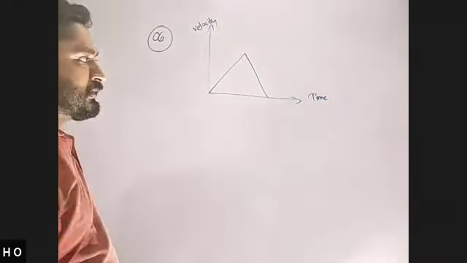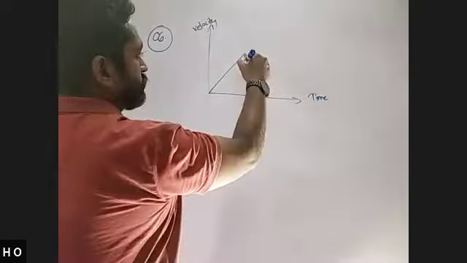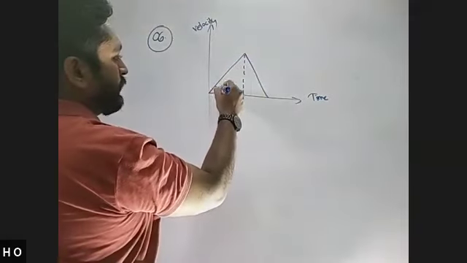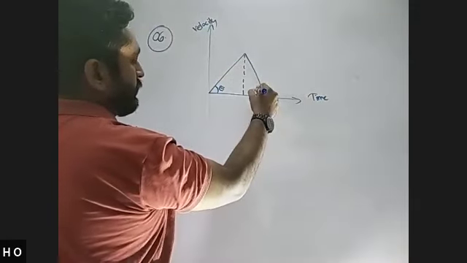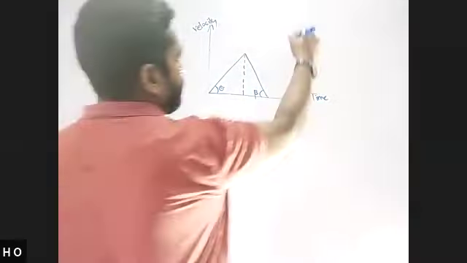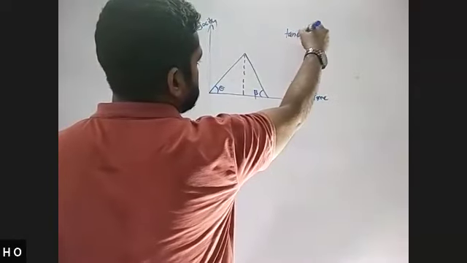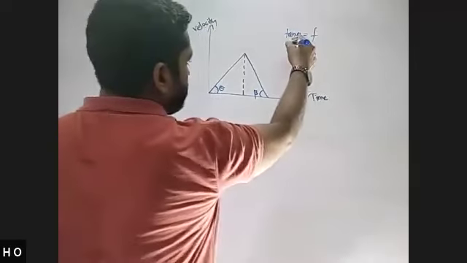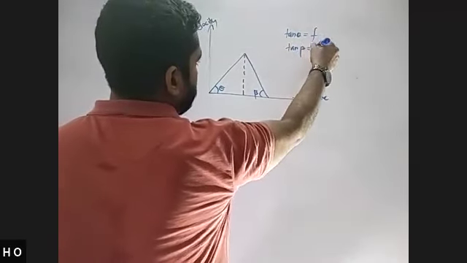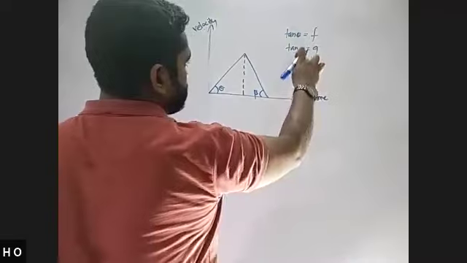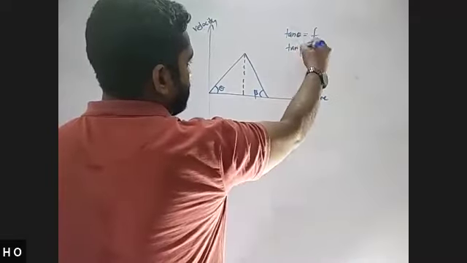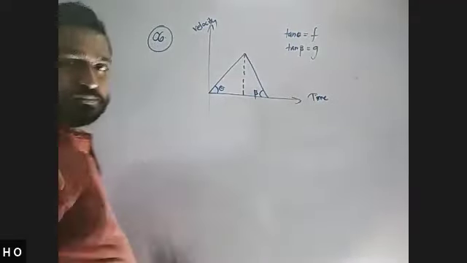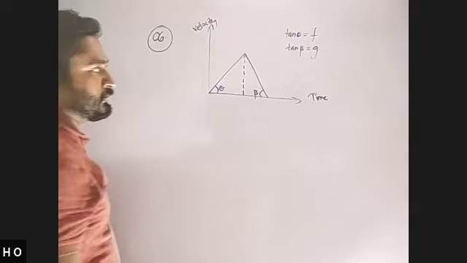So as I say, this is enough. So we name this as theta and this as beta. You can see here tan theta is f, tan beta is g, so this is based on the triangles to find out the value.